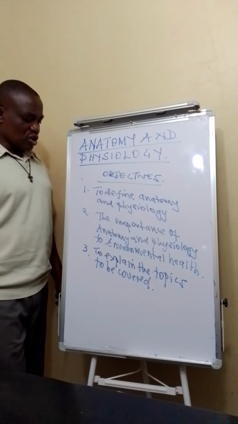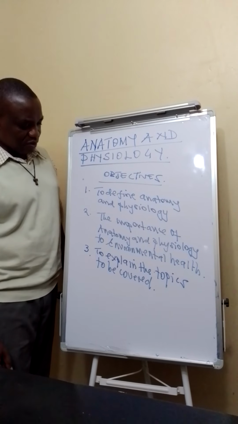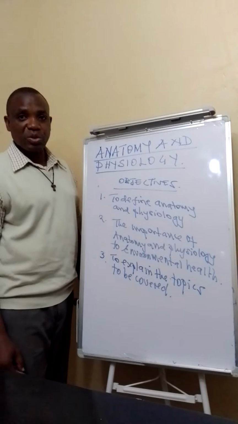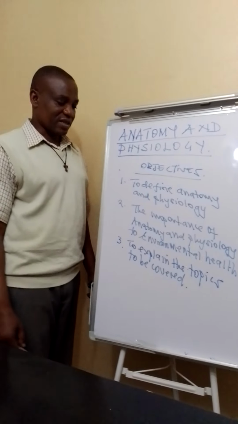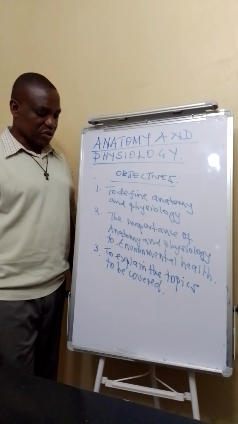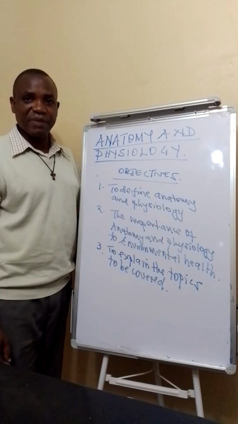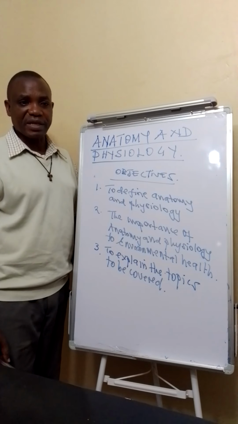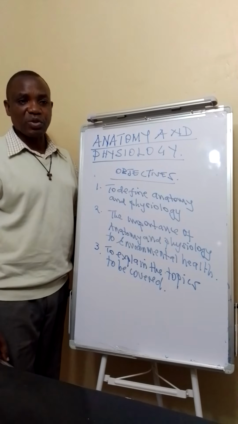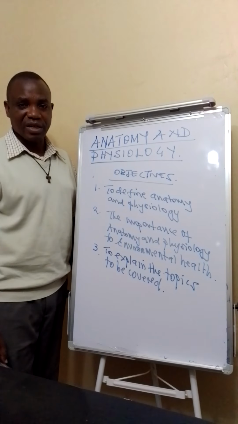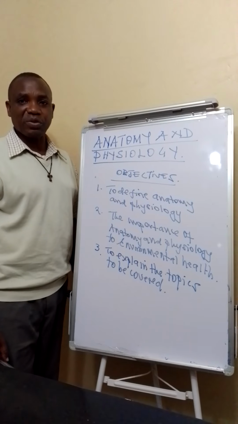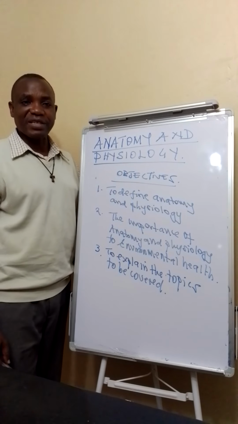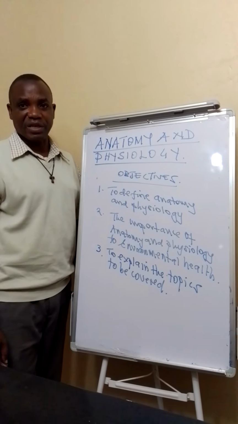Now let us come to the importance of anatomy and physiology to environmental health, or to those who are studying the health sciences. It is important to study anatomy and physiology, especially for environmental health scientists, because first and foremost, you have to know the structure and function of the human body and how it is related to the environment.